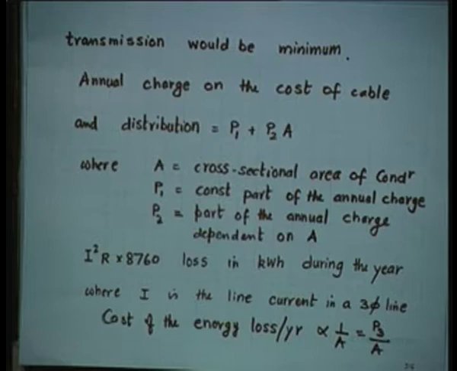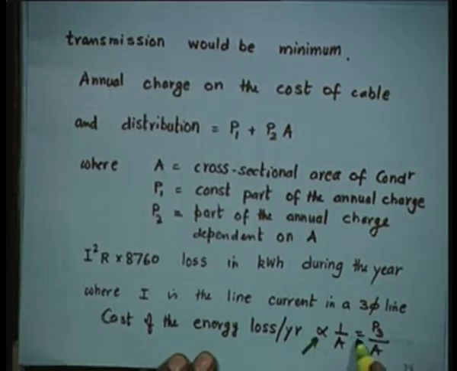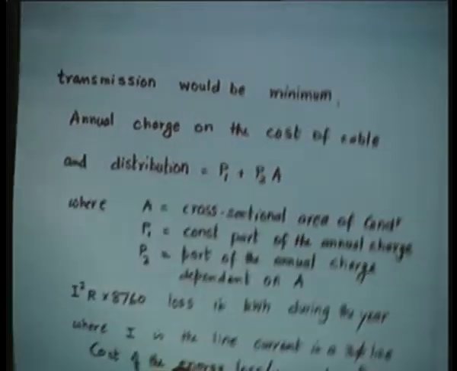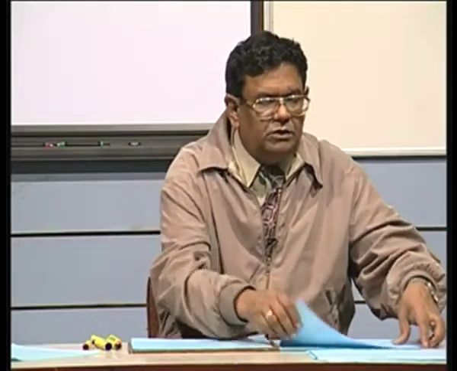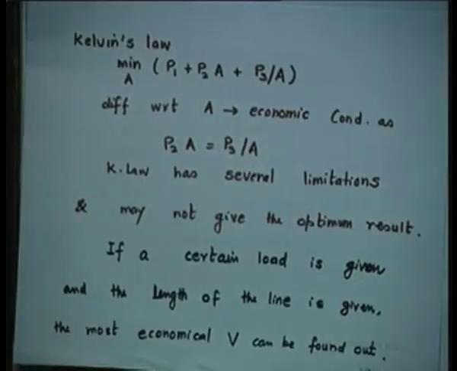If you want to change the sign of proportionality to equality, you have to multiply it by a constant. So, P3 by A. If I add all these things, I get in Kelvin's law the minimization of P1 plus P2 into A plus P3 by A.